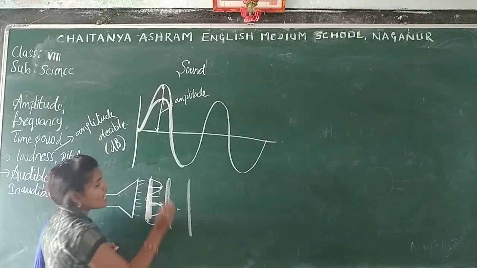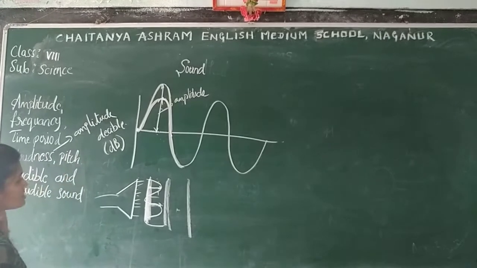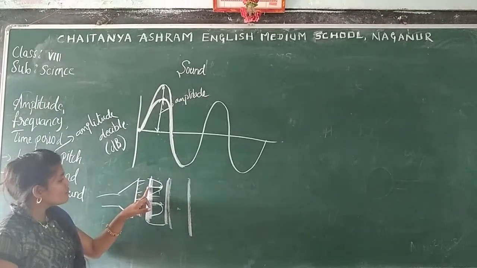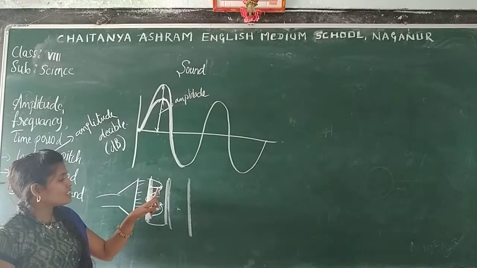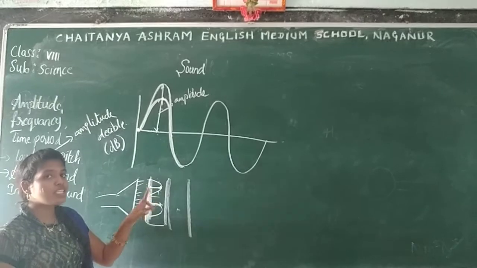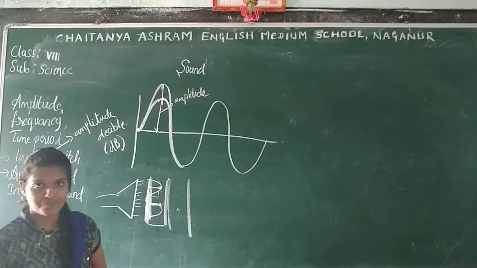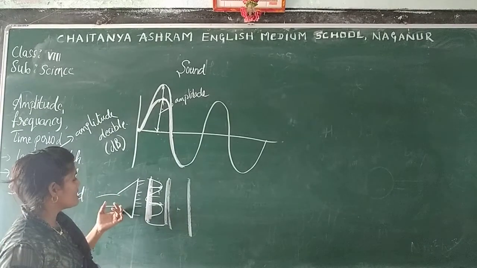This we call amplitude. Understood, students? Amplitude means the maximum distance covered by the particles during transfer of energy to the neighboring particle, that we call amplitude.